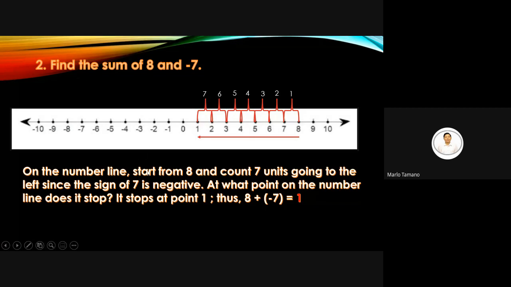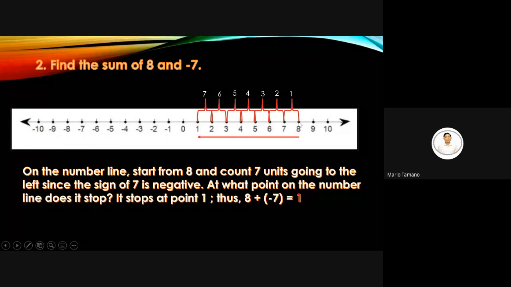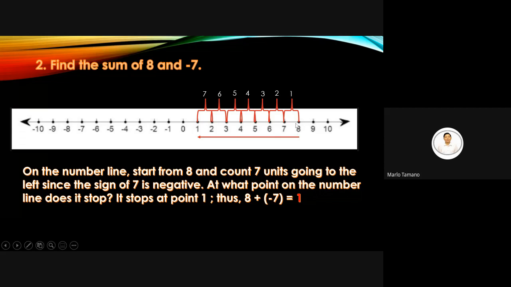So we start at 8 and count 7 units to the left since the sign of 7 is negative: 1, 2, 3, 4, 5, 6, 7. At what point on the number line does it stop? It stops at point 1. Therefore, 8 plus negative 7 is 1.